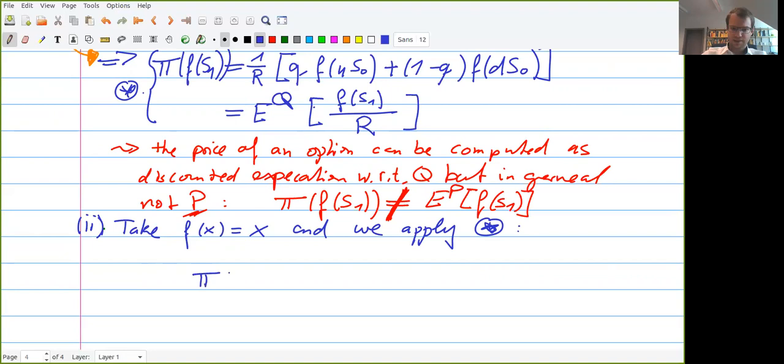The price of S1. Well, we know the price of S1. The price of S1 is S0.